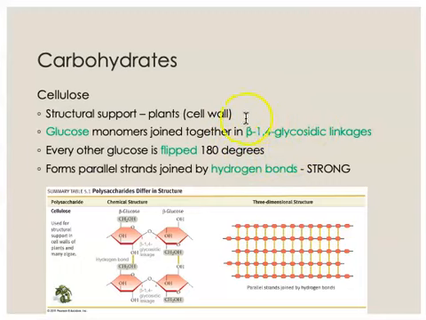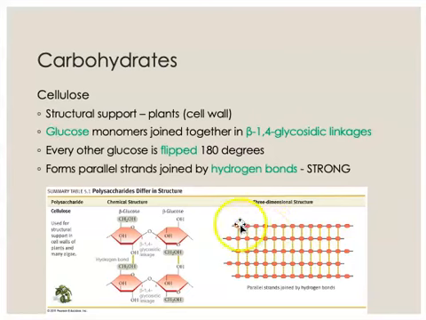Remember, this type of glycosidic linkage is much harder to break, and that makes sense because plants don't need to get at these glucose monomers. They put them into cellulose and keep them there to provide structural support. Now, one of the interesting things about cellulose is that the long strands of glucose do not form helices.